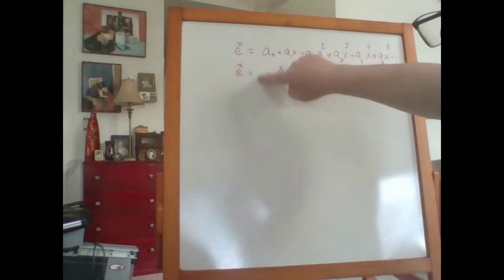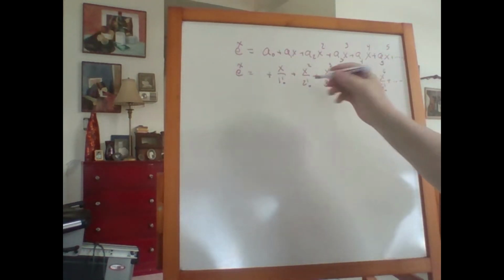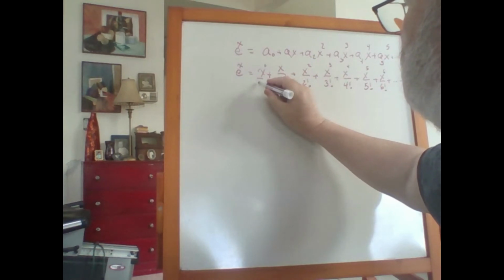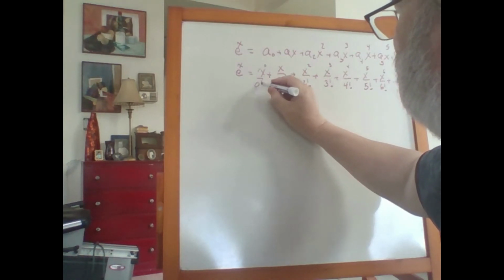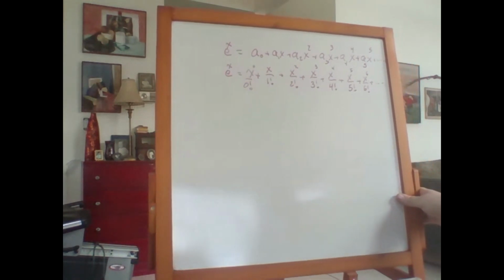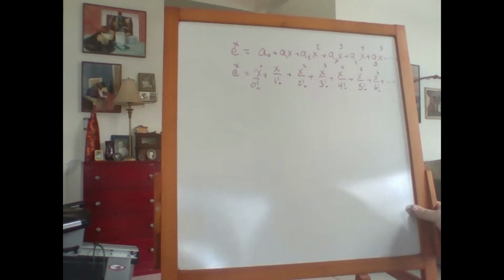And we could write this as x to the 0 over 0 factorial, okay? And that will help us with writing out the compact form, the summation sign.